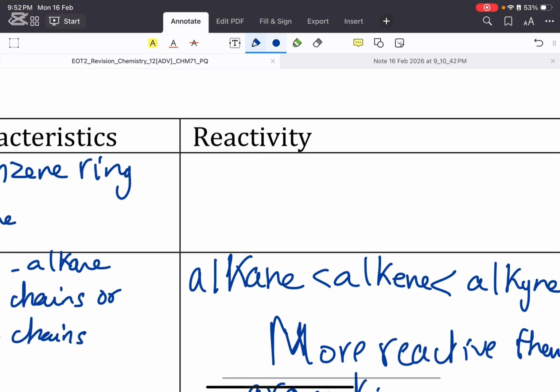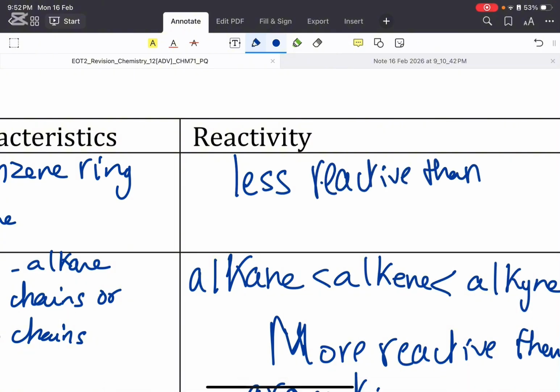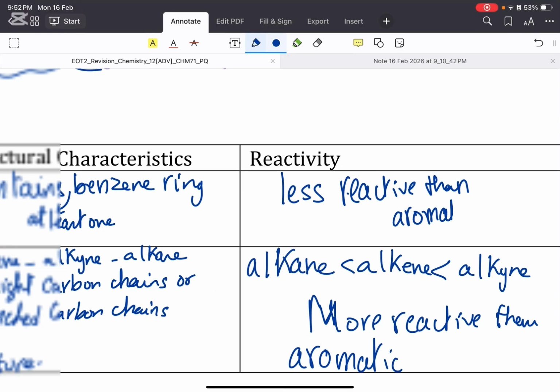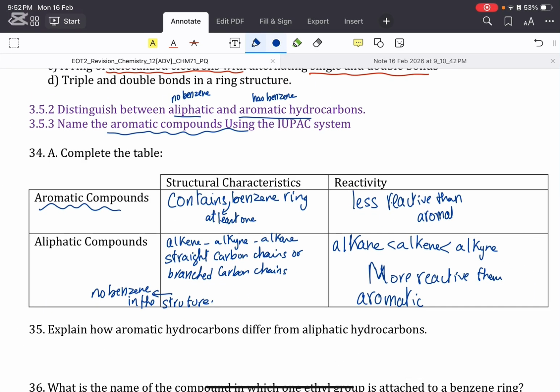Aromatic compounds are even less reactive than alkanes. They don't react as readily as aliphatic hydrocarbons.